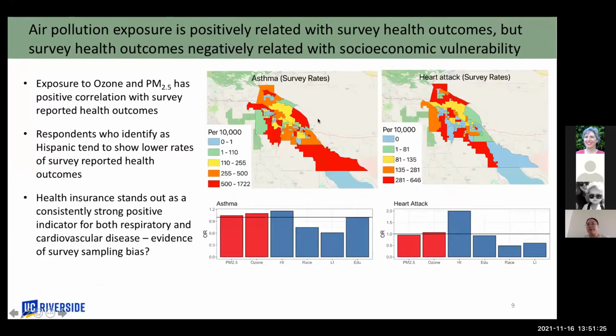Here is the spatial distribution of the survey rates for asthma and heart attack. Generally speaking, we don't find a very clear or strong spatial pattern for the survey rates. It's relatively more spread throughout the whole valley compared to the EV rates.